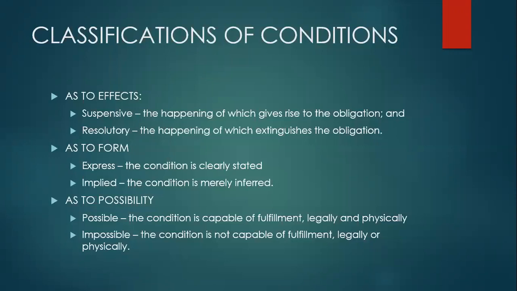As to form, a condition may be expressed, which means that the condition is clearly stated in the obligation, or it is implied if the condition is merely inferred in the obligation. As to possibility, the condition is possible if it is capable of fulfillment legally and physically. It is impossible if the condition is not capable of fulfillment legally or physically.